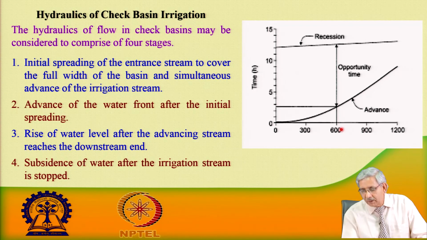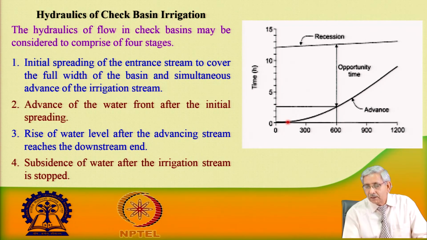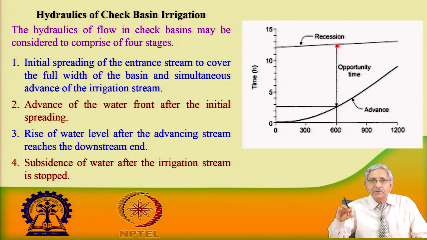When you plot a graph, this is your advance curve, and when the irrigation stream is cut off, then recession starts. Since the length of basin is small, the recession curve is parallel to the x axis. So, infiltration opportunity time in case of basin irrigation is not uniform as compared to furrow irrigation.